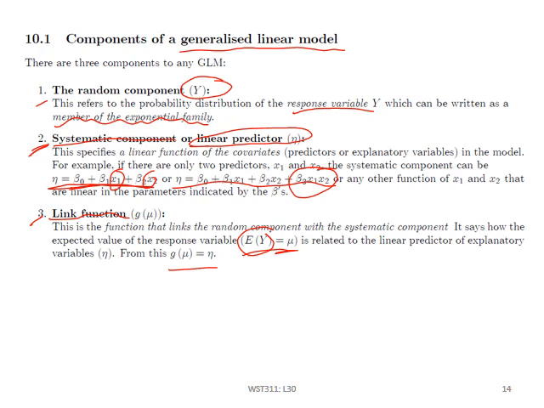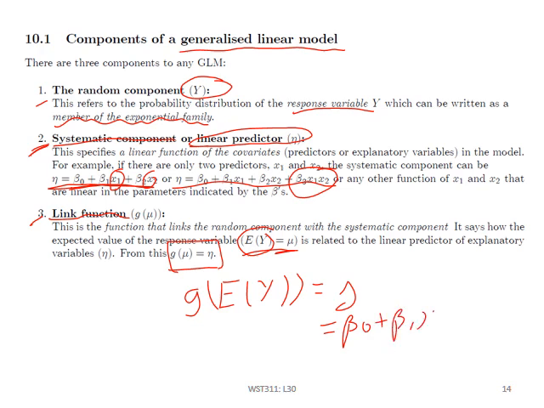Very important is this expression over here. We can also write it as the link function of the expected value of y being equal to the linear predictor, which might be, for example, as from the second component, beta naught plus beta 1 x1 plus beta 2 x2.